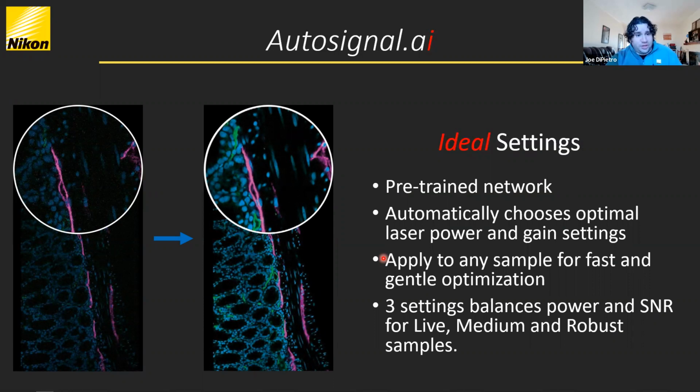That also gives you an image with no undersaturated or oversaturated pixels. So it balances all the things that you're normally doing, but it does it really fast, and it's way more reproducible and perfect than a human being would be. It's pretty cool. I use it all the time now.